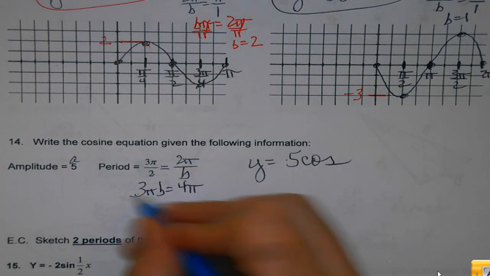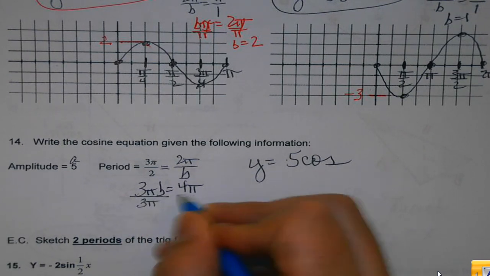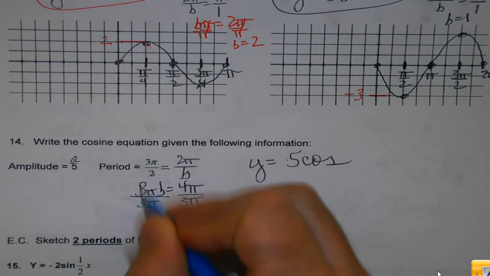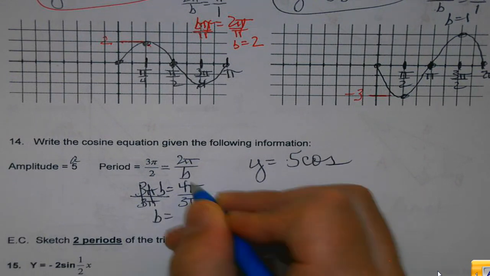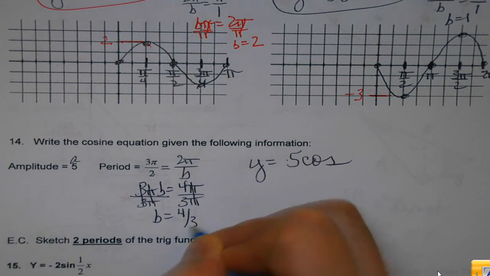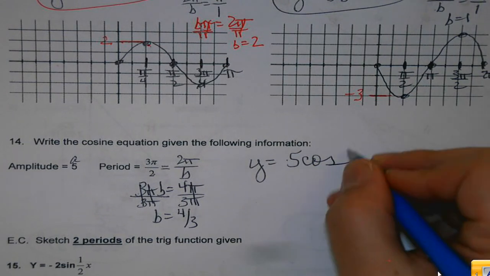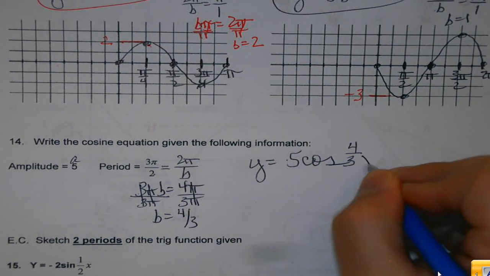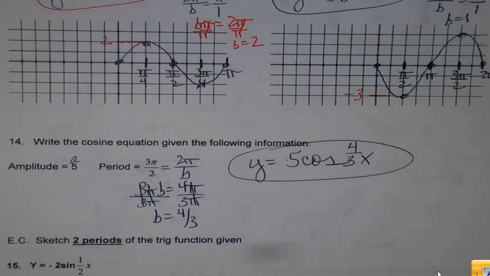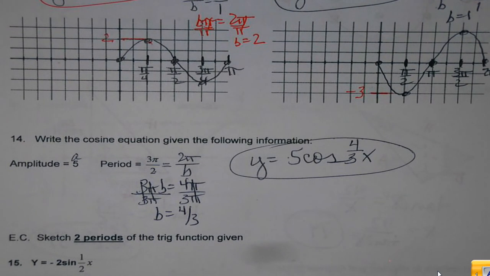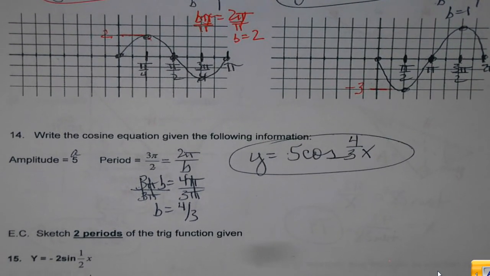Whatever's with B, we got to divide by all of it because we want B by itself. And if you get a fraction, leave it. Okay, please do not go to 1.33. That's kind of borderline silly. Just plug that in for my B value. Because just like up above with the sine graph, it's A and B is what I'm looking for.